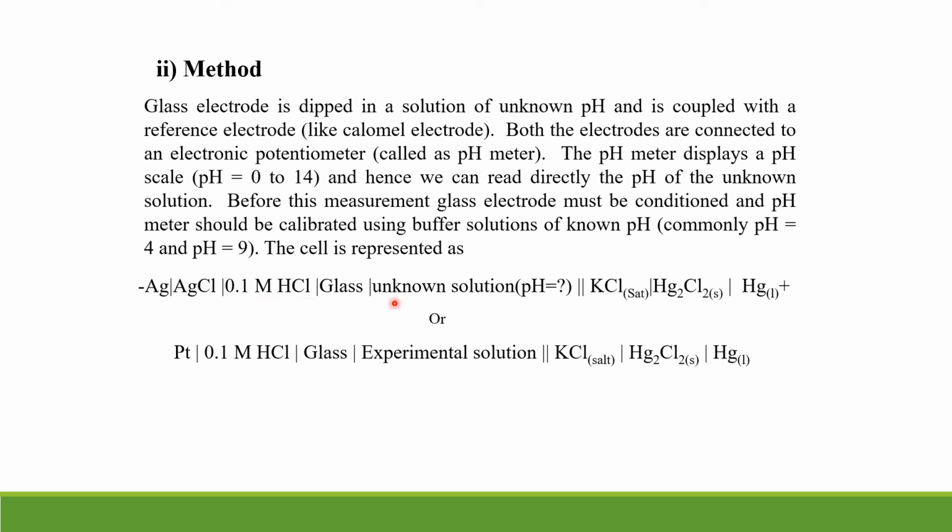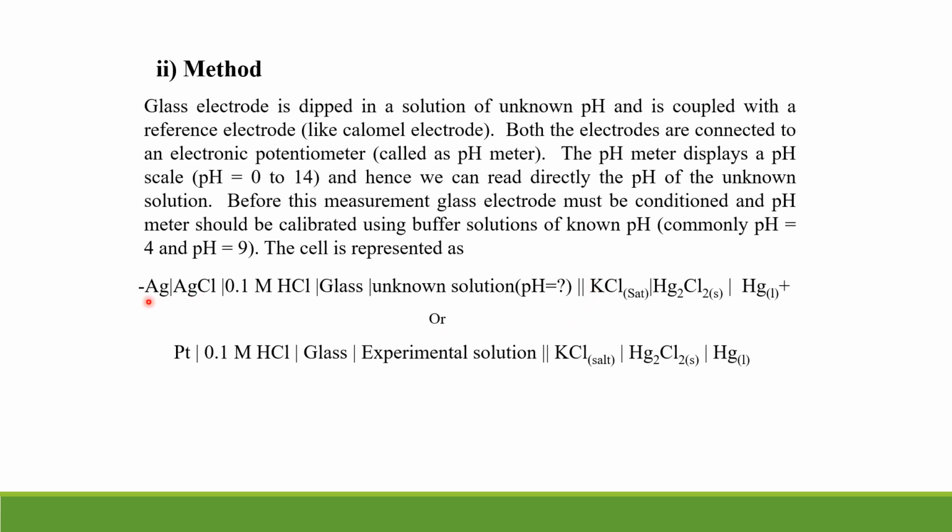This glass electrode is dipped in the unknown solution of which you have to find out the pH. On the right hand side you can see the calomel electrode: liquid mercury in contact with solid mercurous chloride, filled with saturated KCl solution. Again, the double lines here represent the salt bridge.